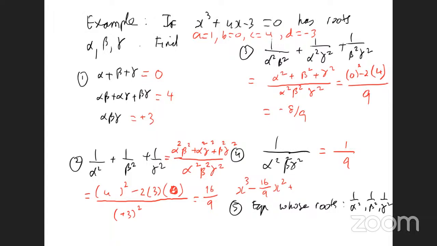The pairwise sum is minus 8 on 9. Remember, you're using these new roots now. Then times x, minus 1 on 9. You can multiply everything by 9 to make it look nice: 9x cubed minus 16x squared minus 8x minus 1 is 0.